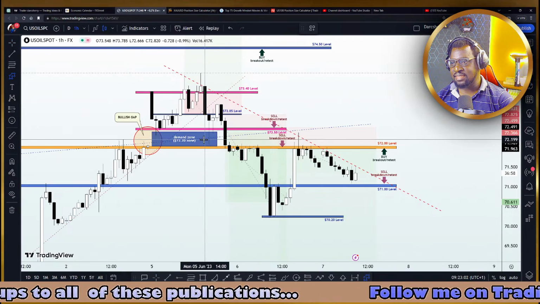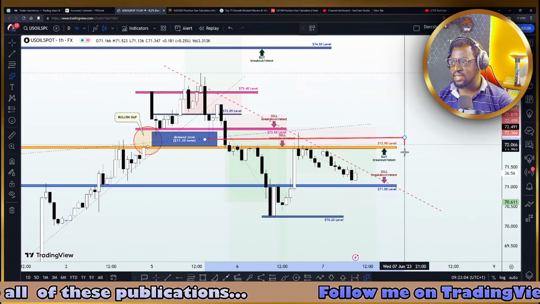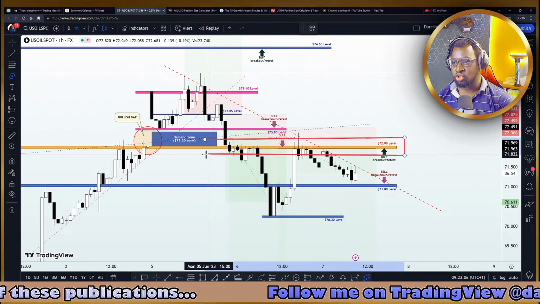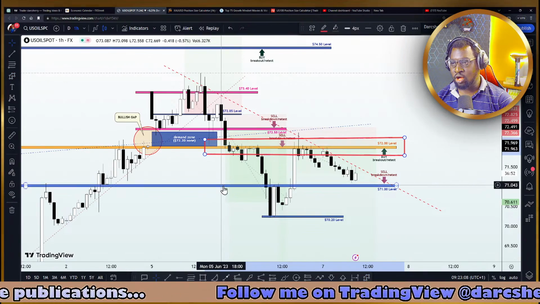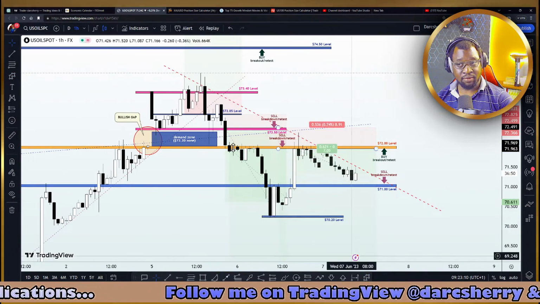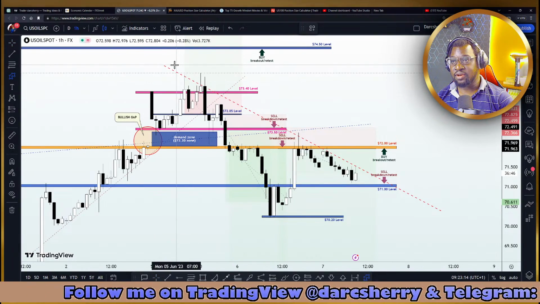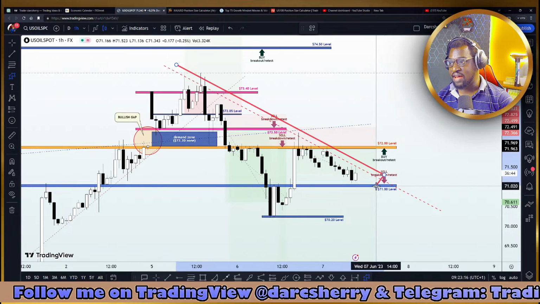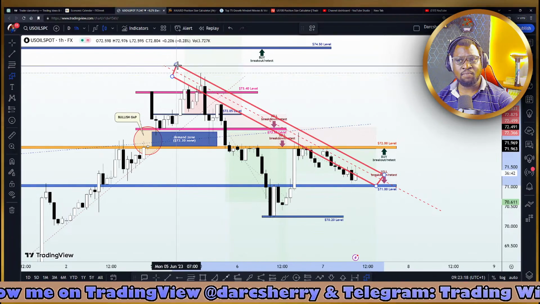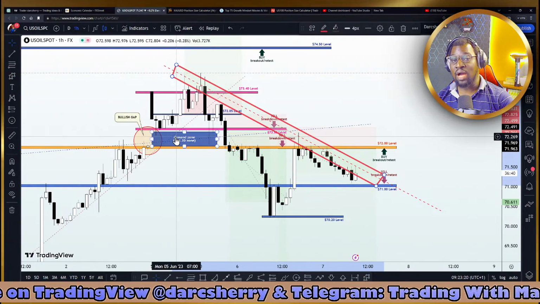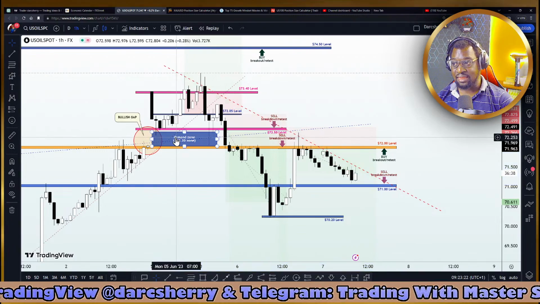For this reason, in the last 48 hours, price has remained below the structure. And after connecting the series of lower highs, we have a bearish trend line. So it's looking more reasonable to look out for selling opportunities at this point.